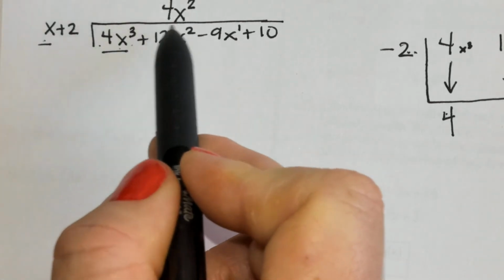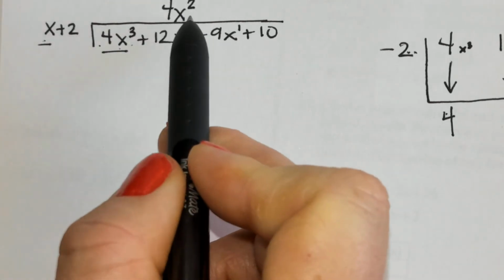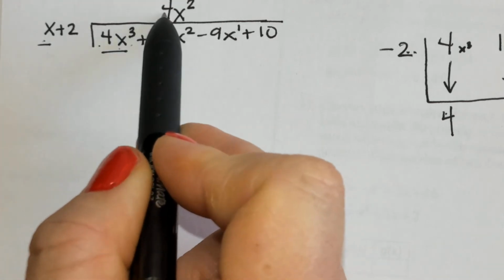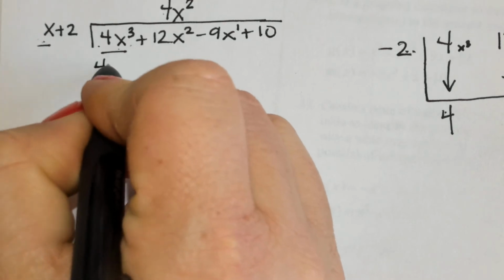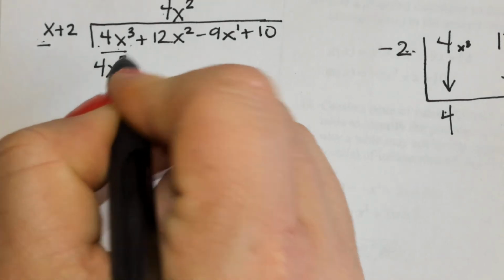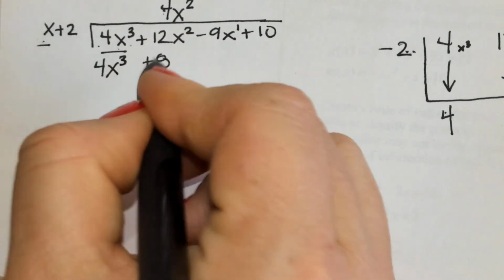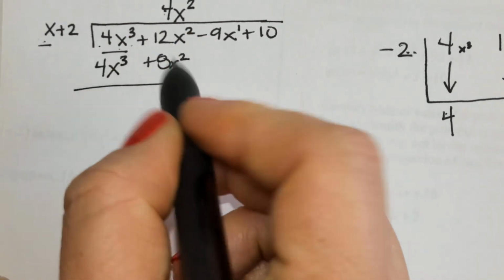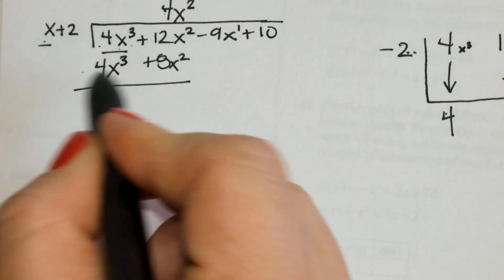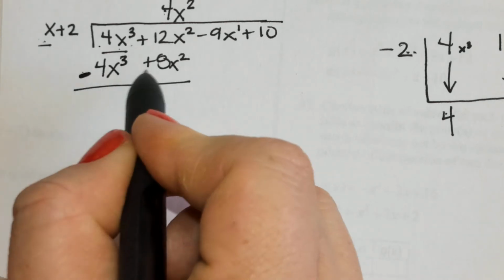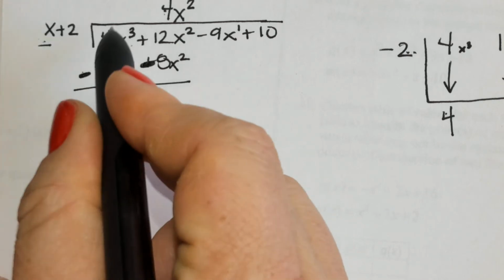I'm going to take this value and multiply it and distribute it below. So 4 times 1 is 4. X squared times x is x cubed. 4 times 2 is 8. X squared is attached. Then I'm going to change whatever the signs were in only the second level. It was positive, make it negative. It was positive, make it negative, and add straight down.